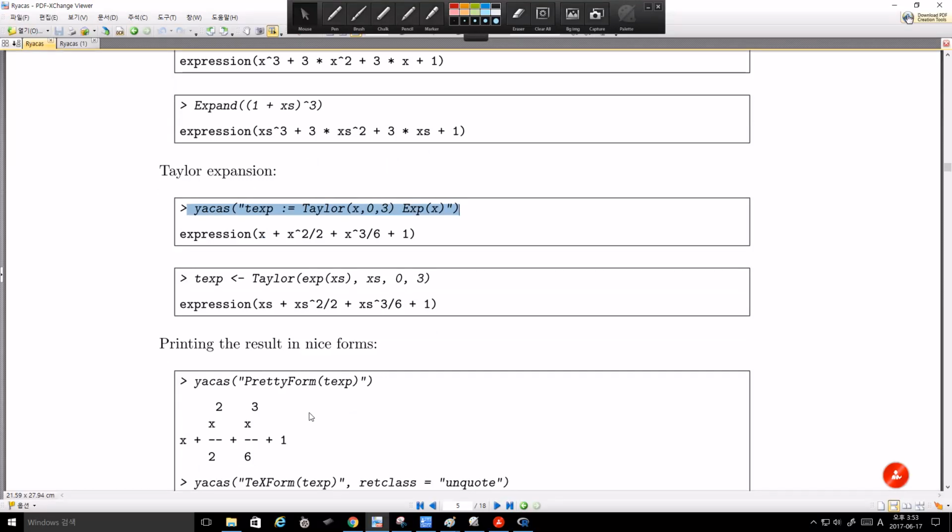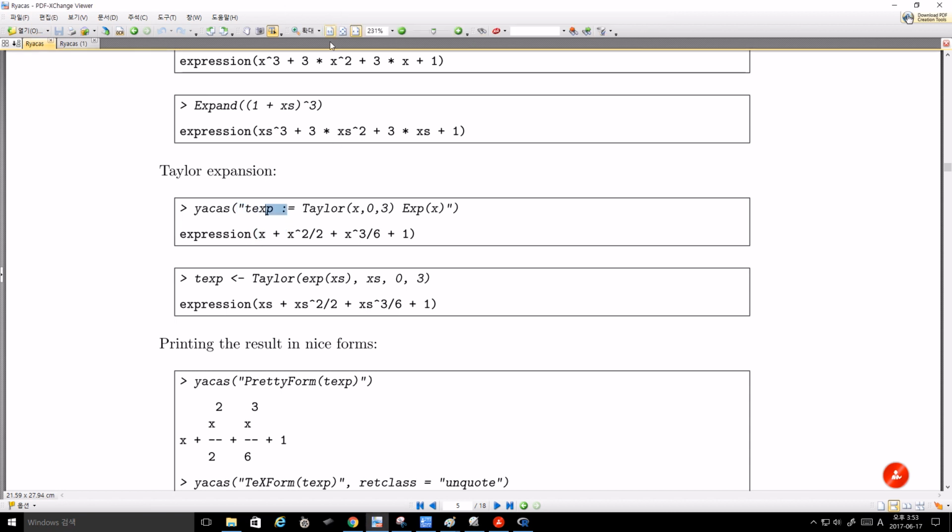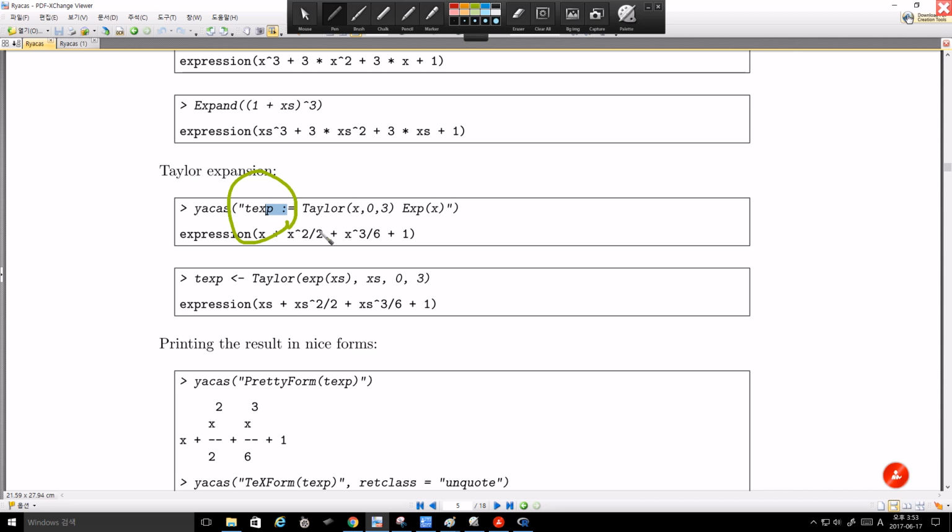And then actually, this one, we Taylor series expand this one, and it's a pretty form. Well, this one looks not so pretty, and this one is more intuitive. Maybe you think this is prettier, but anyway, this is more intuitive. So you can see the prettier form, right? Here you can see this TeX part is this one.